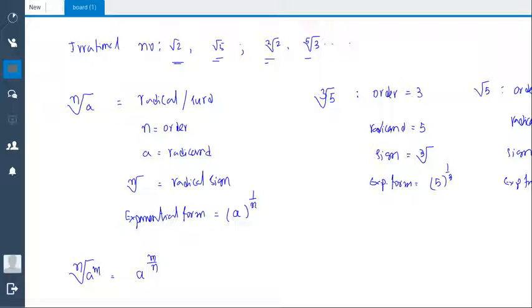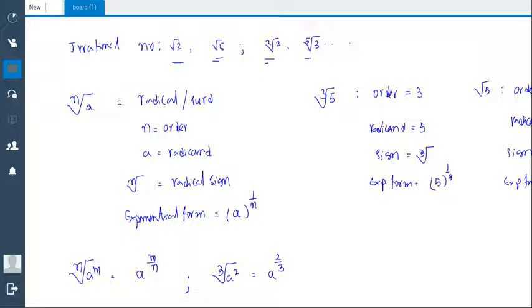That means the power should be above and n should be below. Always the order should be under the power. Here, for example, cube root of a squared: you write a to the power of 2 by 3.